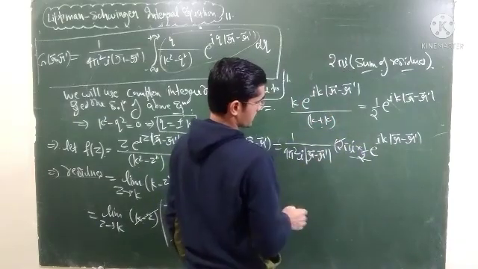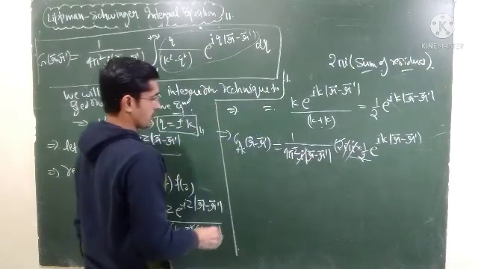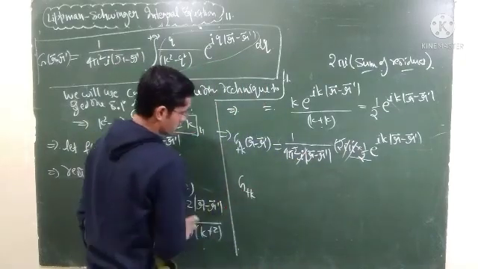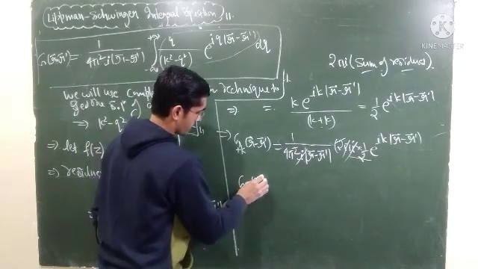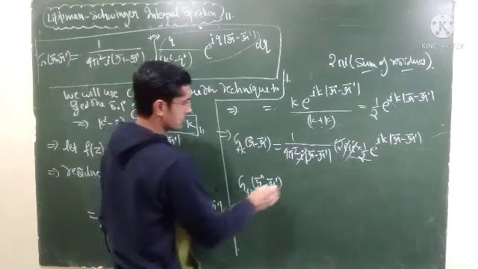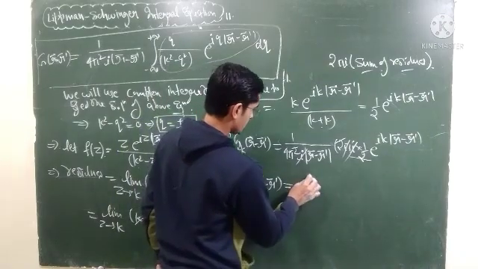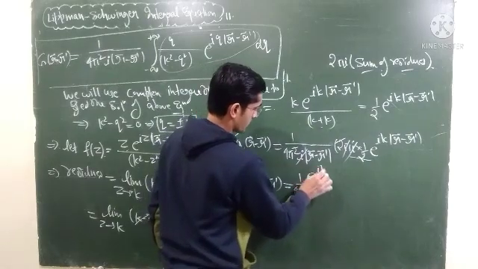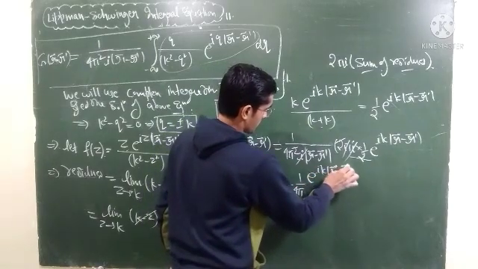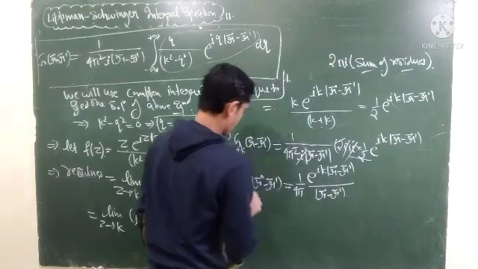This 2 will cancel to this 2, pi will cancel to 1 power, and iota will cancel to iota, and the value of g, which is the Green's function for plus k, as a function of r minus r dash will be equal to 1 over 4 pi e to the power iota k r minus r dash divided by r minus r dash.